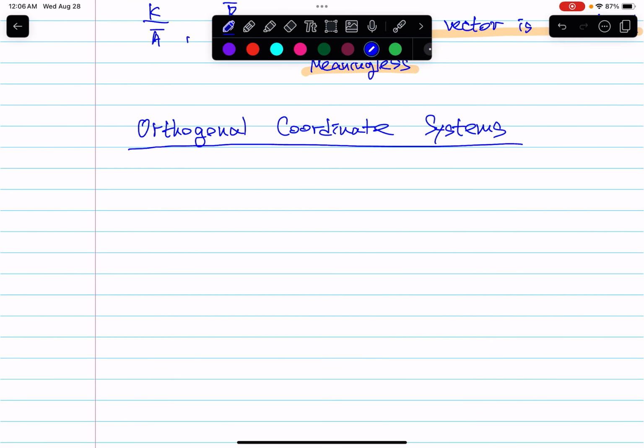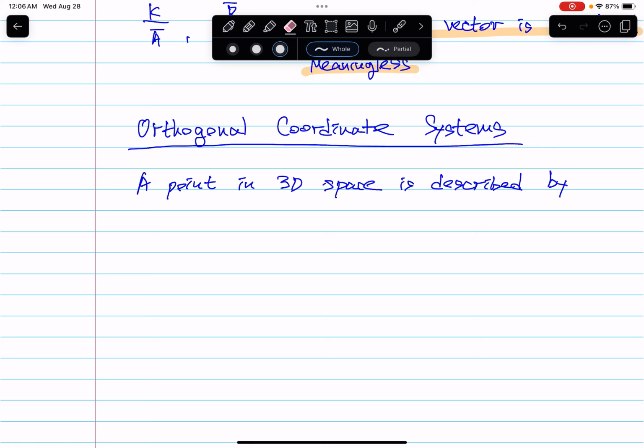So what this means is a point in 3D space is described by three mutually perpendicular surfaces.